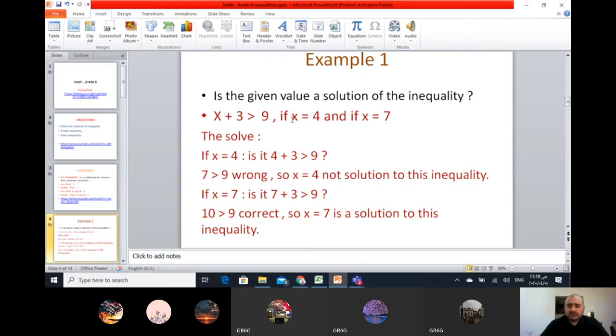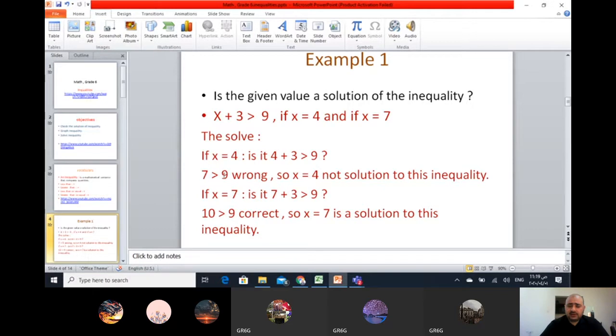The first case here, take x equals 4. Go back to the same inequality and substitute x equals 4. So I can write now 4 plus 3. Is it greater than 9? At this moment I don't know, so put a question mark, then check. 4 plus 3 will be 7.